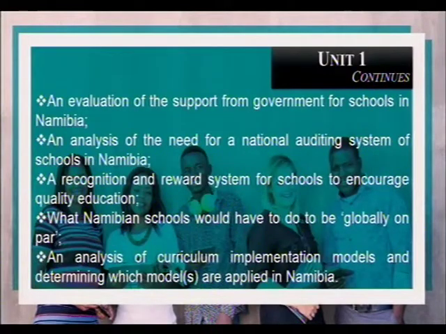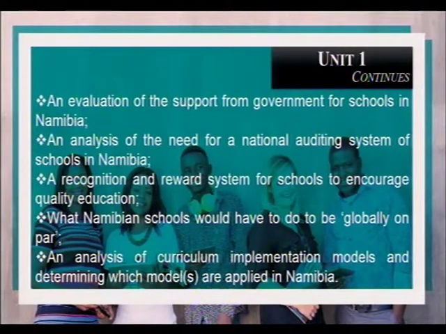in Namibia. We will further look at the evaluation of the support from government for schools in Namibia, the analysis of the need for a national auditing system of schools in Namibia, a recognition and reward system for schools to encourage quality education.